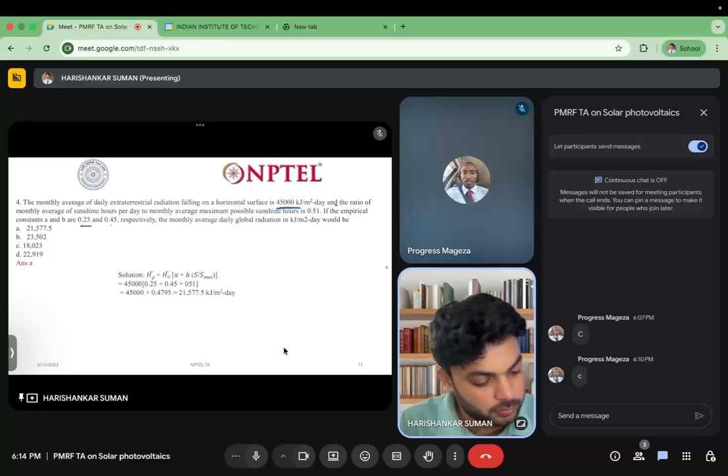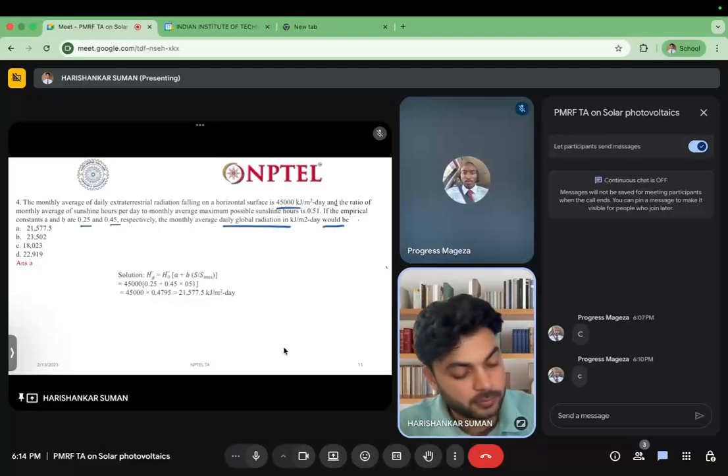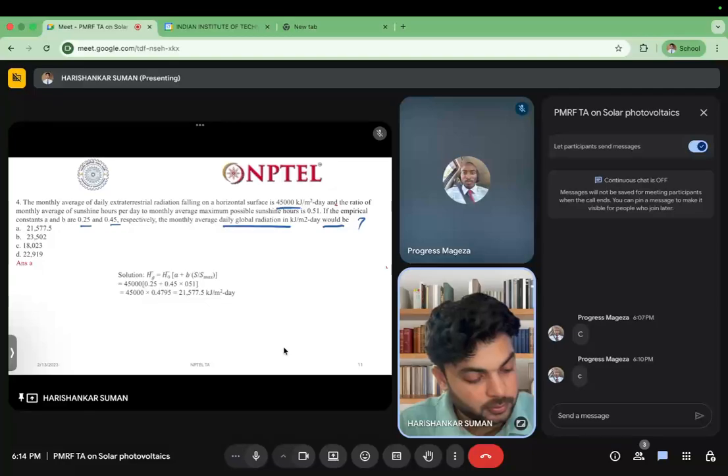We have to calculate Hg. Average sunshine hours per day per maximum possible sunshine, and the empirical constants are given. The monthly average daily global radiation would be... Okay, so this is already given to you. Average monthly hours per day per average maximum possible is 0.51.